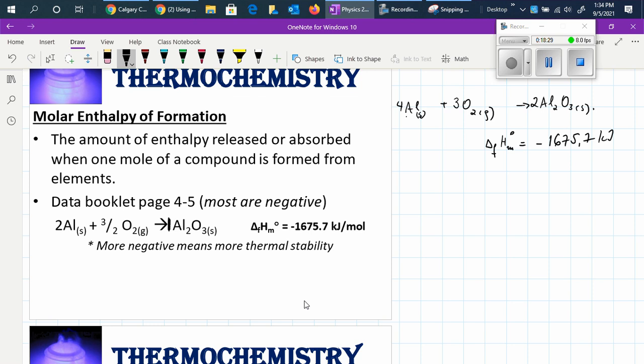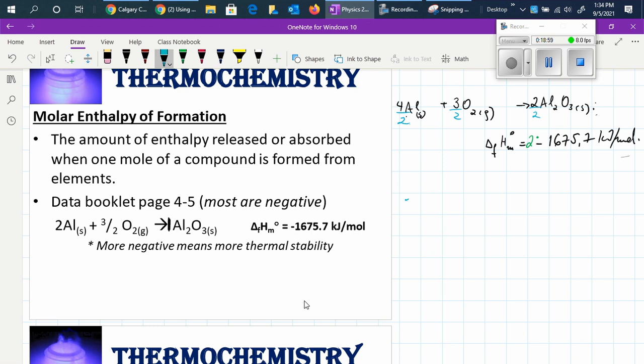1675.7 kilojoules per mole. So this is not the proper way of expressing it, because if we are saying it as an equation, then we have to multiply this by 2 times. But if we are writing it as the number of moles for aluminum oxide is 1, then everything will be divided by 2.